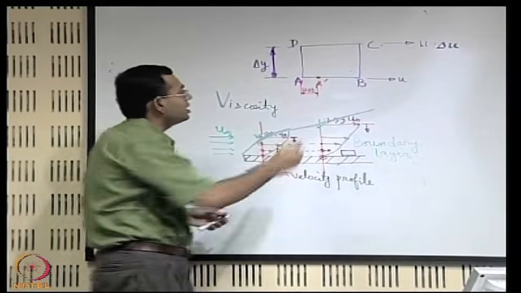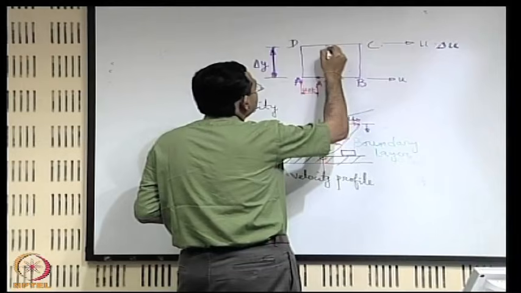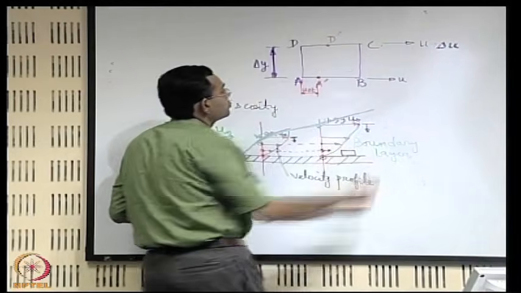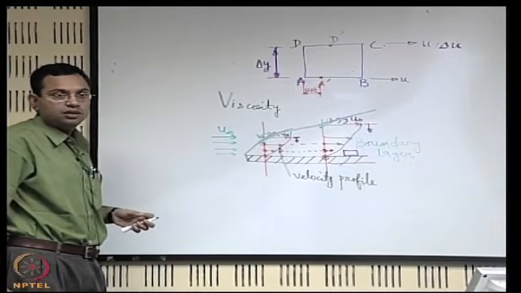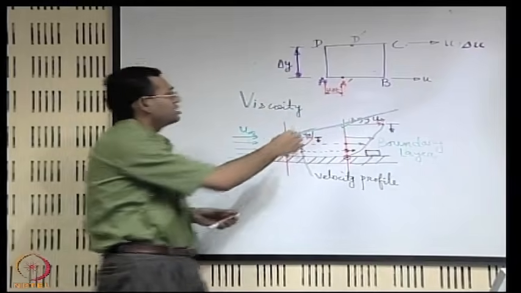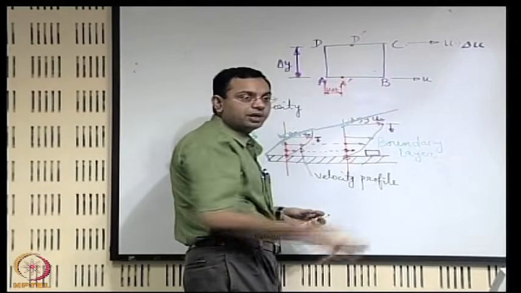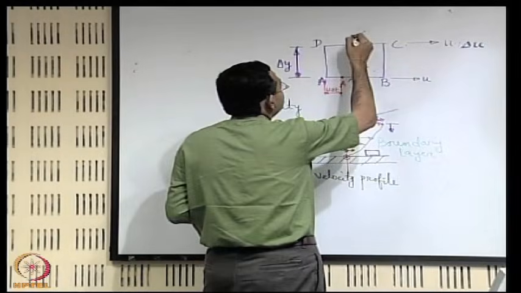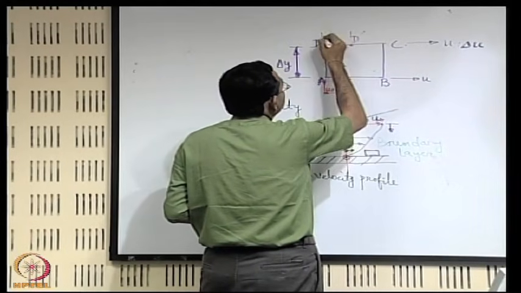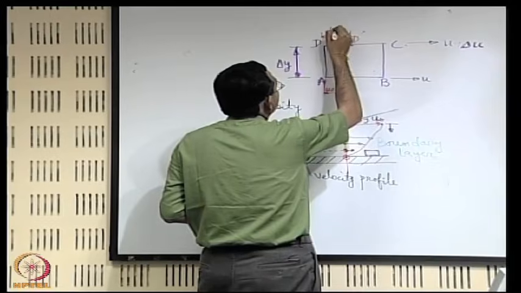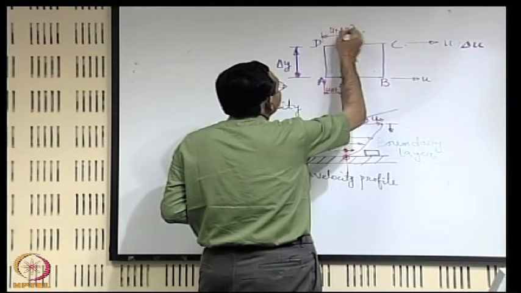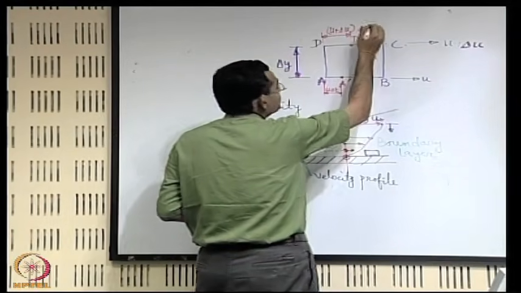D will definitely go to a location D prime, which is somewhat advanced compared to the location of A prime. So this you can say is like u plus delta u into delta t.